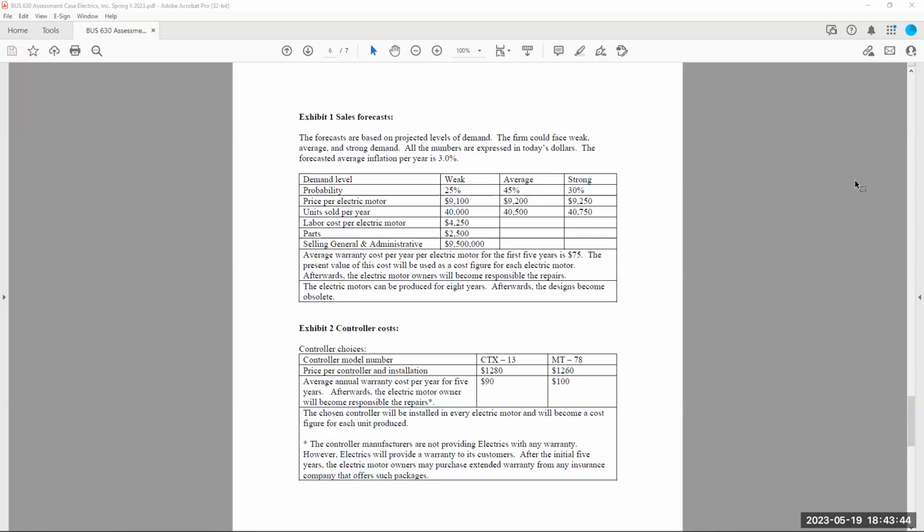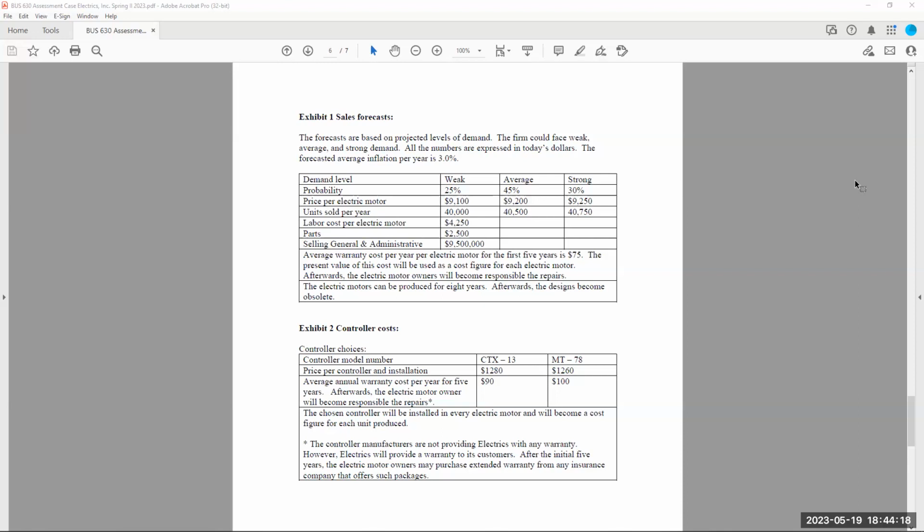For the case of the CTX 13, $75 and $90. $75 for the motor, $90 for the controller that runs the motor. That's $165 every year for 5 years. And then you discount that into one number, and that number will be your variable cost per unit for the warranty for every year, times the number of units nationally you're producing. So I urge you to keep that on a separate variable cost line.